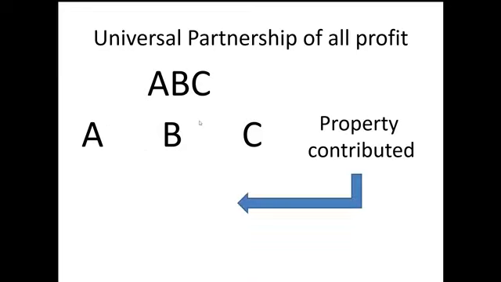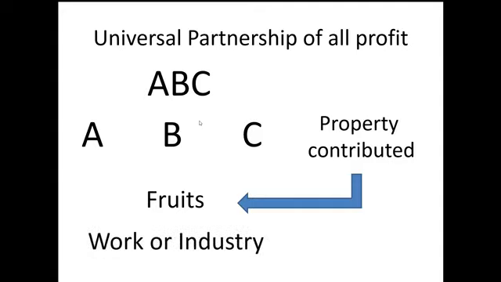How about a universal partnership of all profit? In a universal partnership of all profit, the ownership of all property contributed by the partners remains with them. What becomes part of the common fund is only the fruits of those contributed property, and all that they subsequently acquire coming from work or industry.